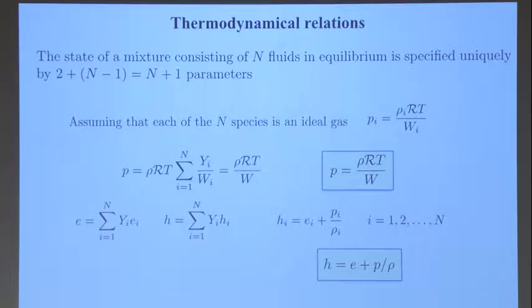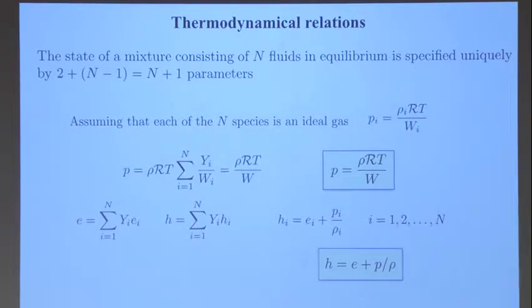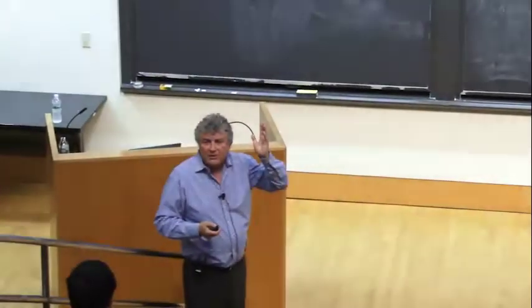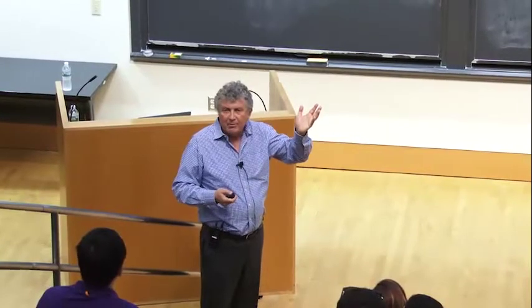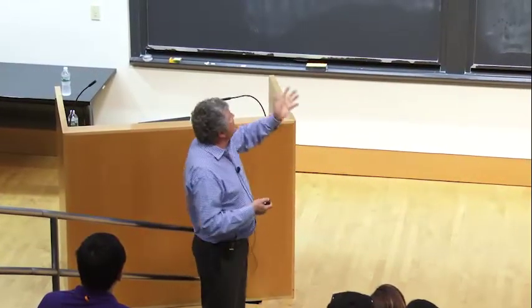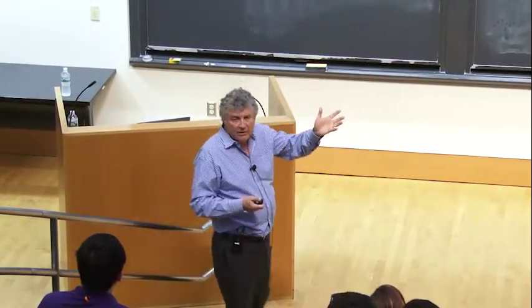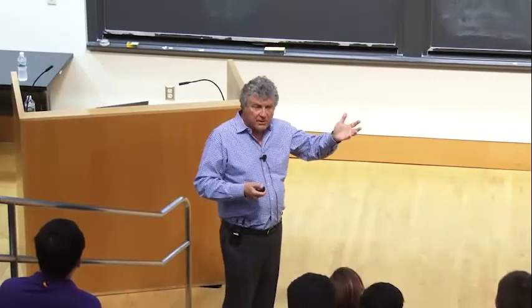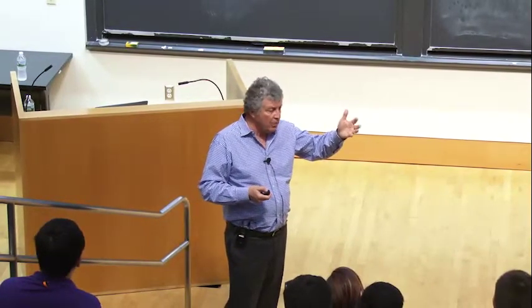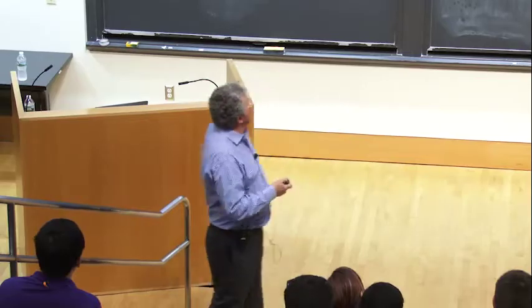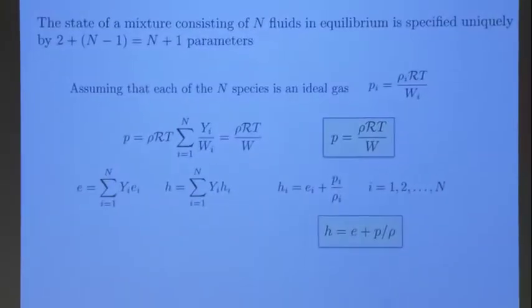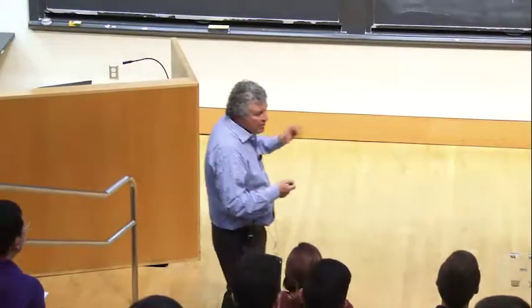So now, instead of a pure substance, where we know that any property depends on two other thermodynamic properties, we know that in a mixture it depends on N minus 1 species, because there are only N minus 1 independent, plus 2. This is Gibbs's phase rule. Yeah, okay. Basically, right. That's right.